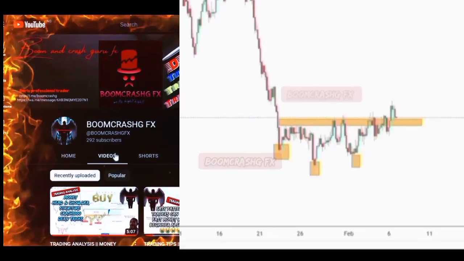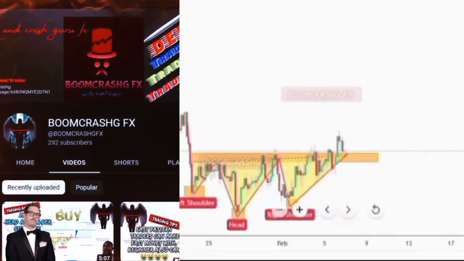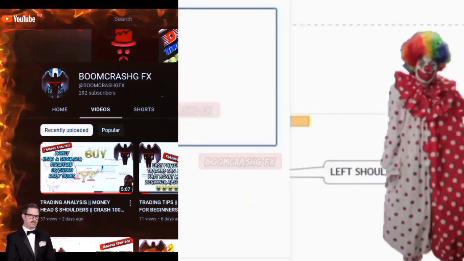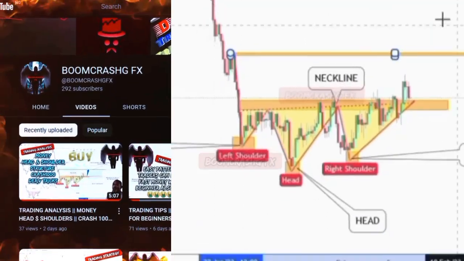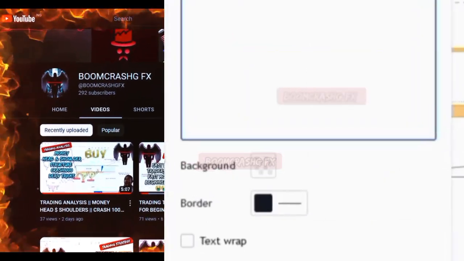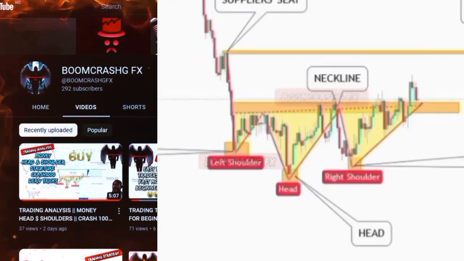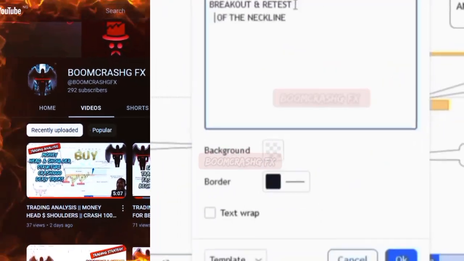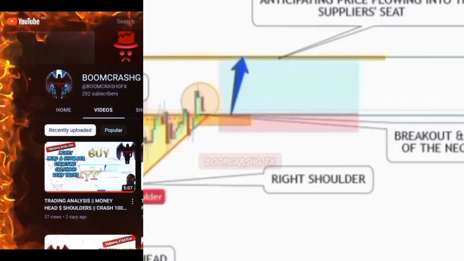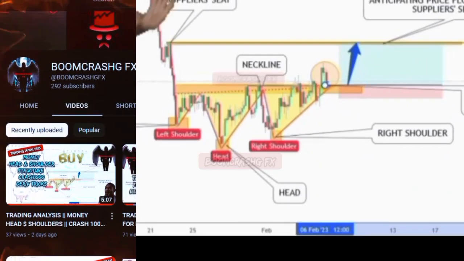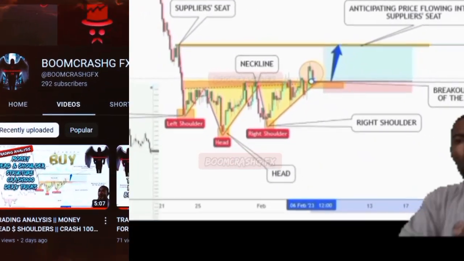Basically, a video was shared with us last time, trading analysis over a particular structure that actually played out on a pair, Crash 1000. I believe we all delved into that market and made that profit. We were instructed to buy Crash 1000 as a head and shoulder structure played out on that particular pair, with analysis telling us to buy to a particular target.